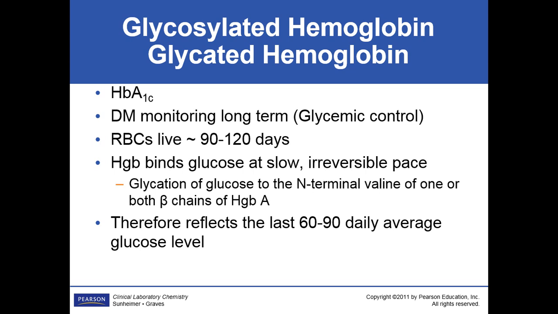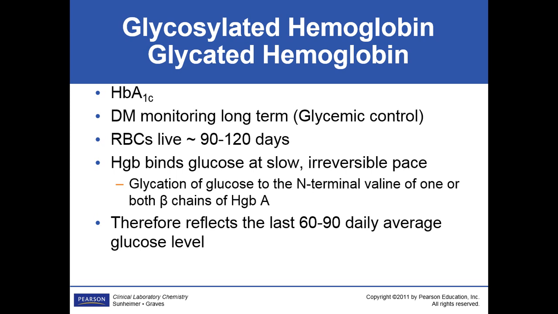Okay, so if we measure that fraction of your hemoglobin, we'll know what a long-term average was. That doesn't mean every day was high, but it wasn't like this, or even like this. It was okay, with maybe a few dips down in there. So we lyse the red cells and measure that component.